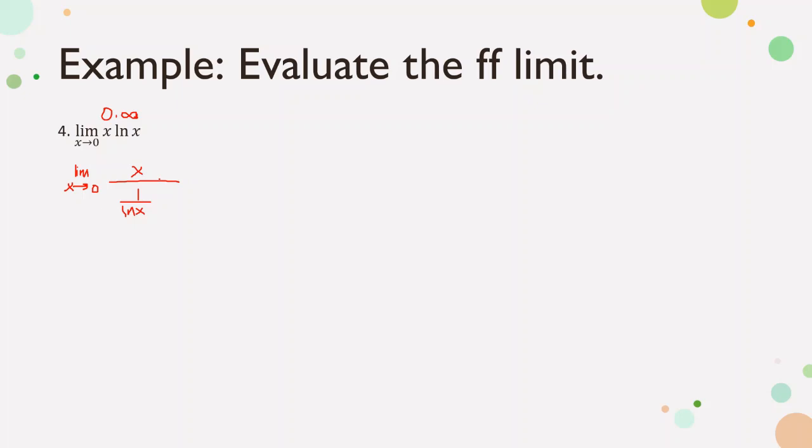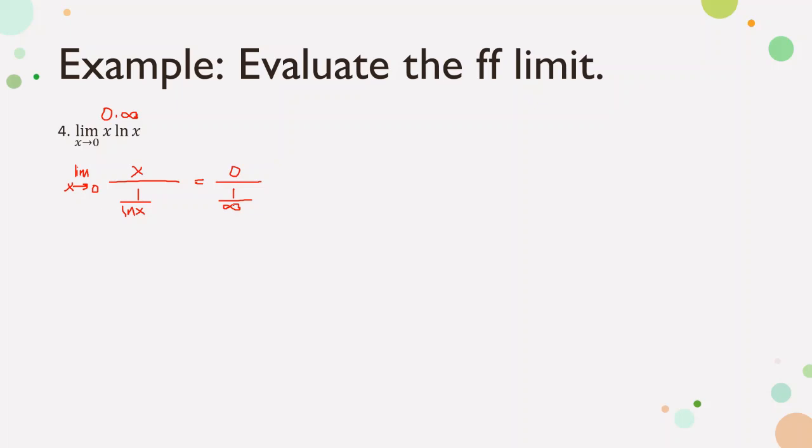Now let's try again to substitute after we have changed the form. We have to substitute again and see if we can get a constant result other than the indeterminate forms. If we substitute 0 to our x, that would still be 0, and again, if we substitute 0 to ln x, that is infinity.